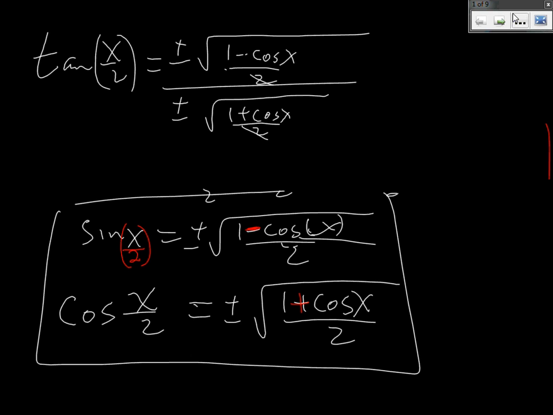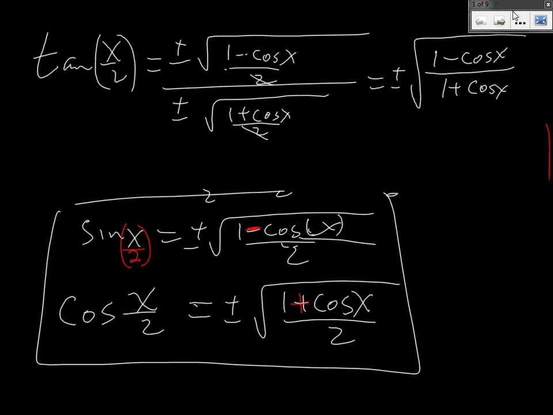The 2's are actually going to cancel, so you're going to get plus minus the square root of 1 minus cosine x over 1 plus cosine x. And there's the tan formula.